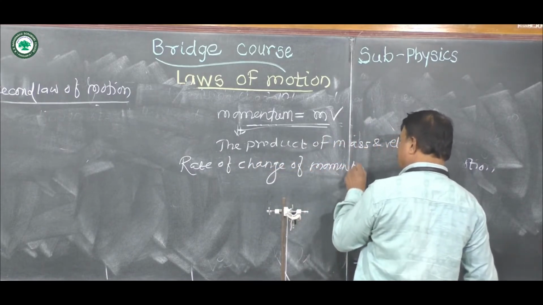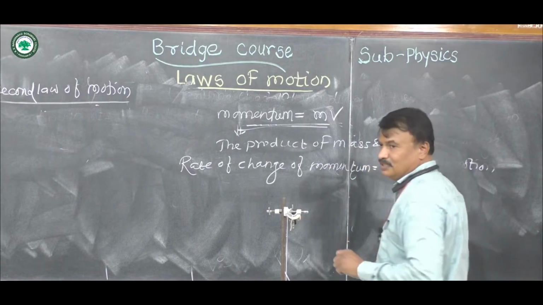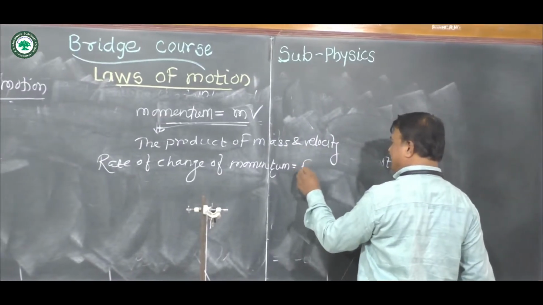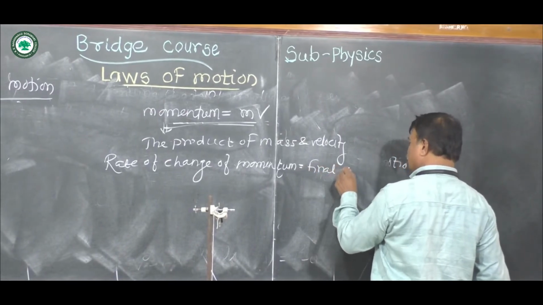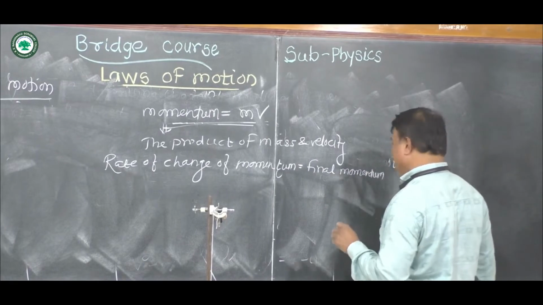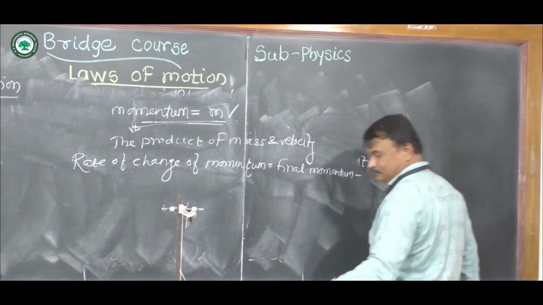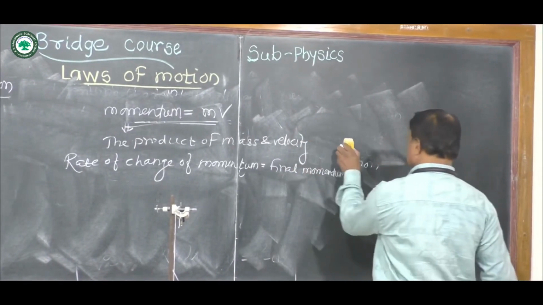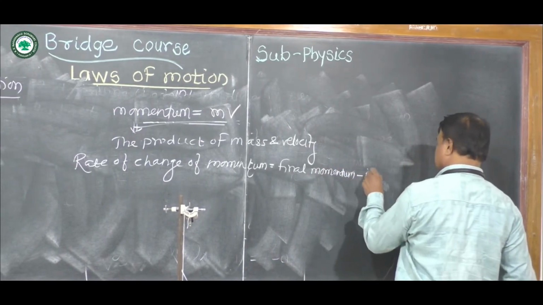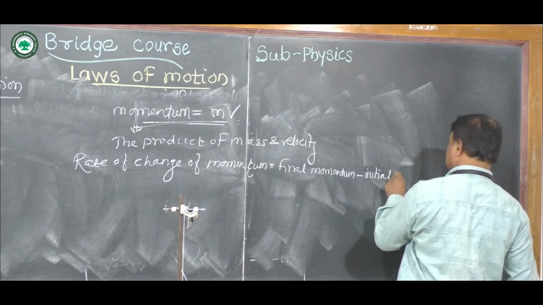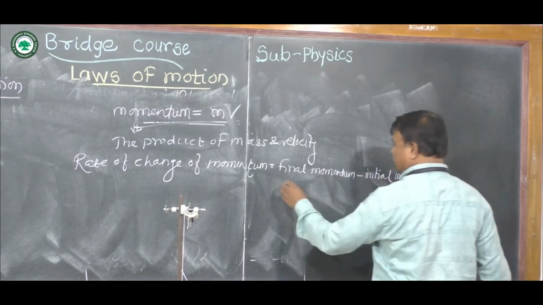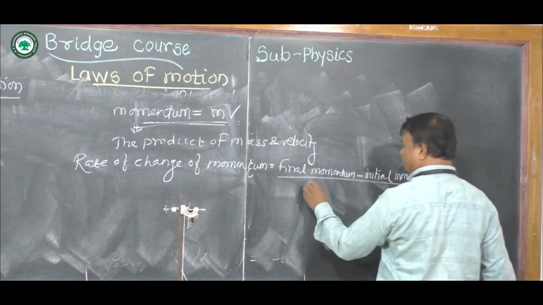In the case of rate of change of momentum, we consider the change in momentum, meaning final momentum minus initial momentum, divided by time.